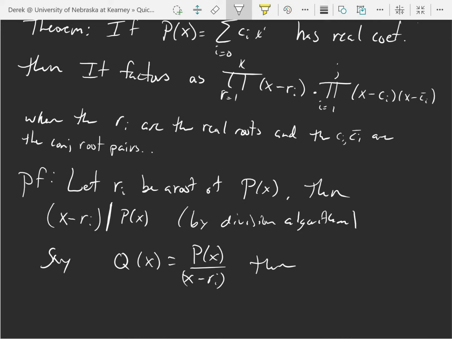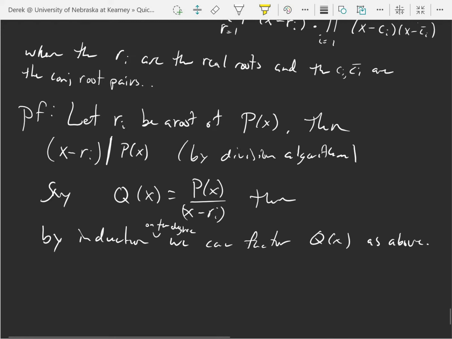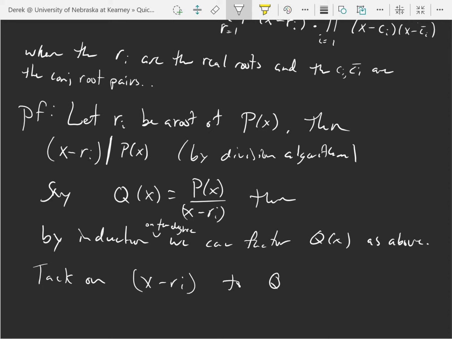Then by induction, maybe by induction on the degree, we can factor q of x as above, and tack on x minus r_i to q's factorization.